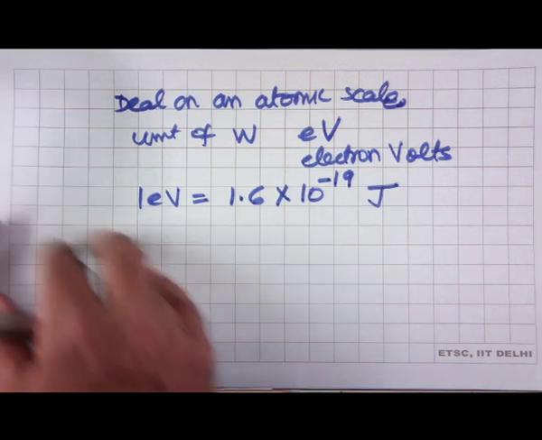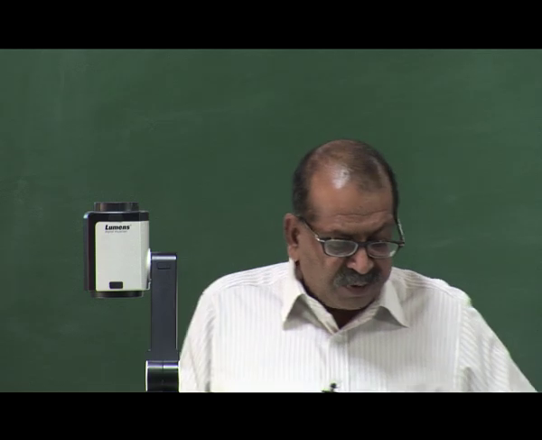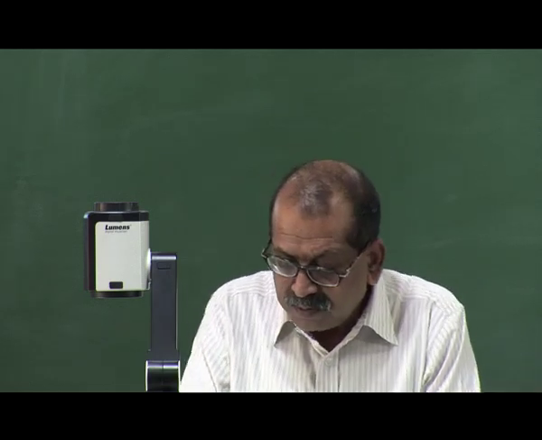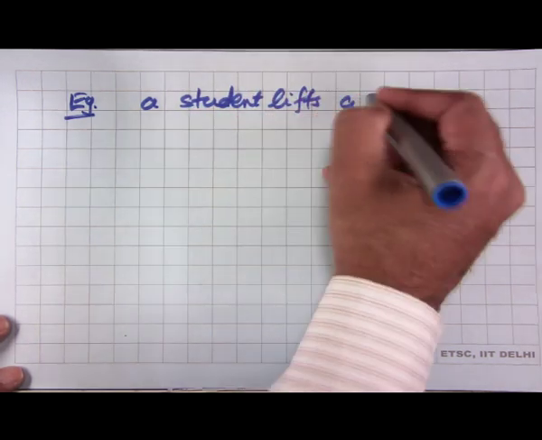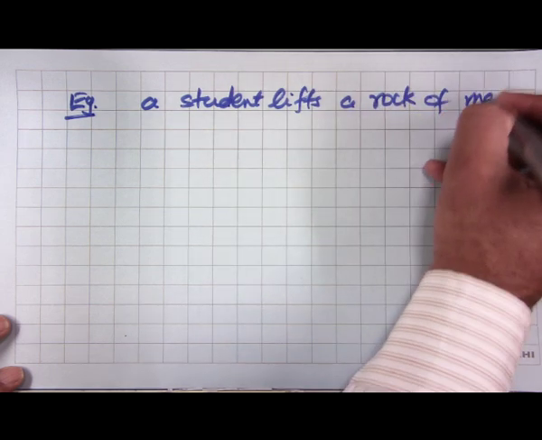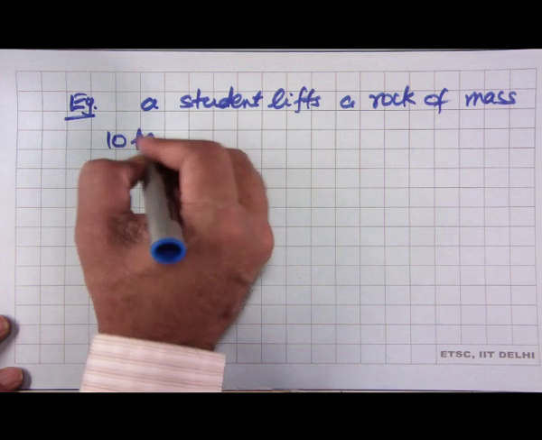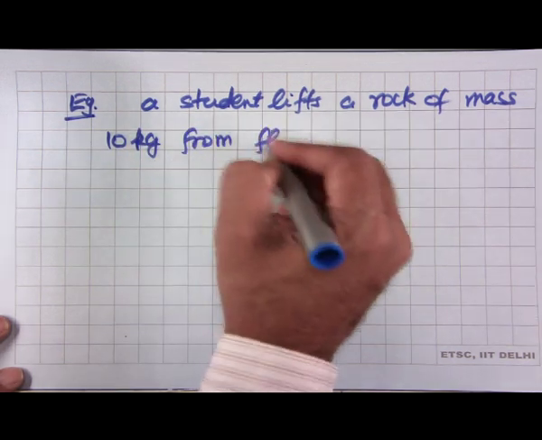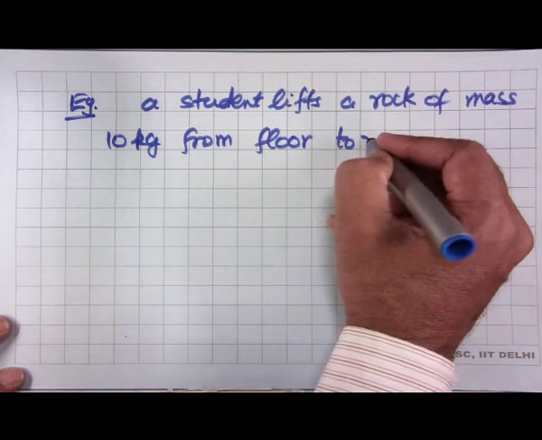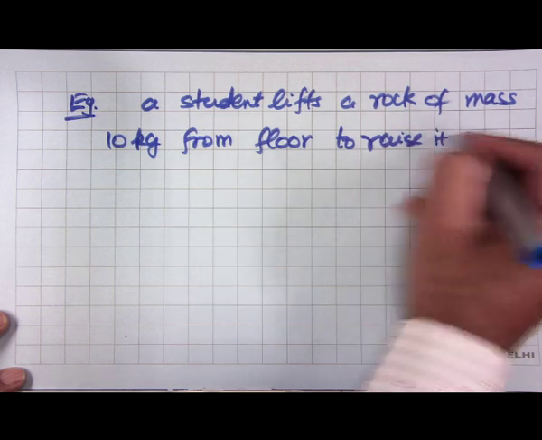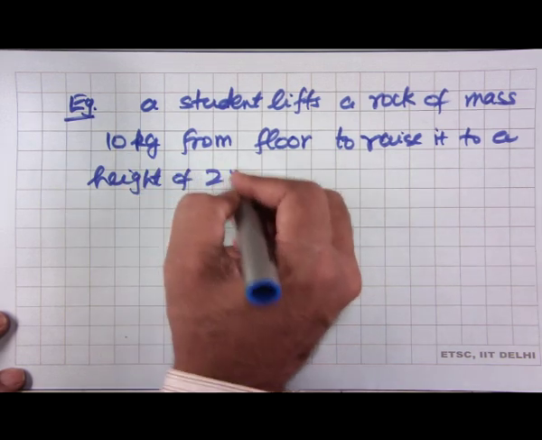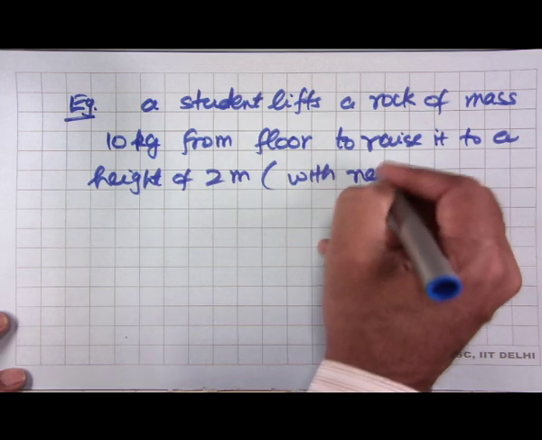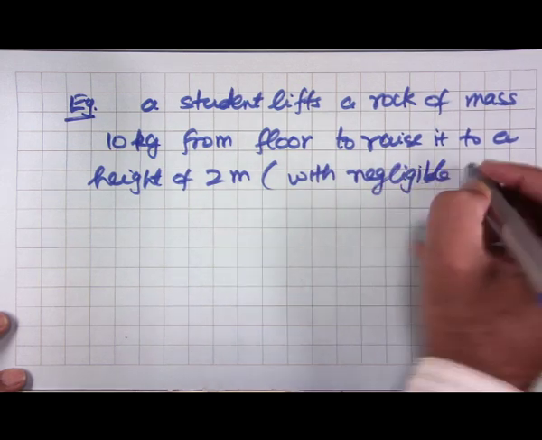Now, let us look at some simple examples to define this concept of work. A student lifts a rock of mass 10 kg from the floor to raise it to a height of 2 meters with negligible acceleration.